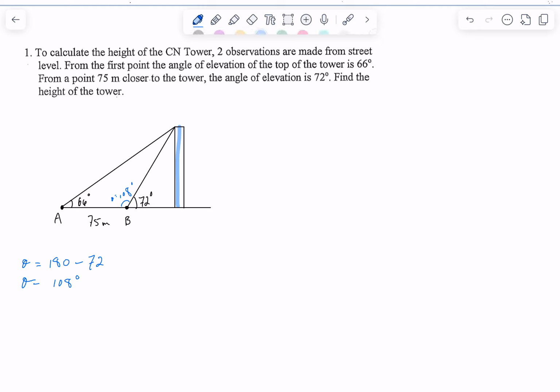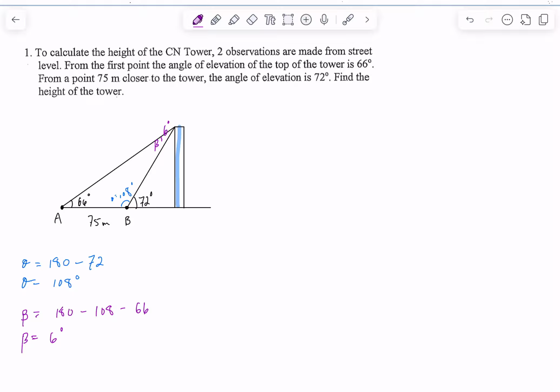Okay, we'll call that one beta. Try to color code everything so you can clearly see where everything goes, right? So beta is going to be the 180 minus the 108 you just found, minus the 66 in the other corner. Okay, that's going to be 6 degrees. So beta is going to be 6 degrees. Okay.